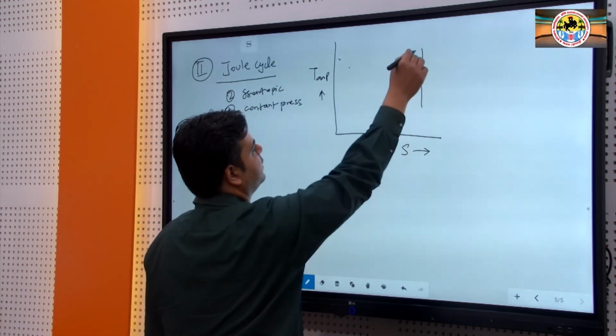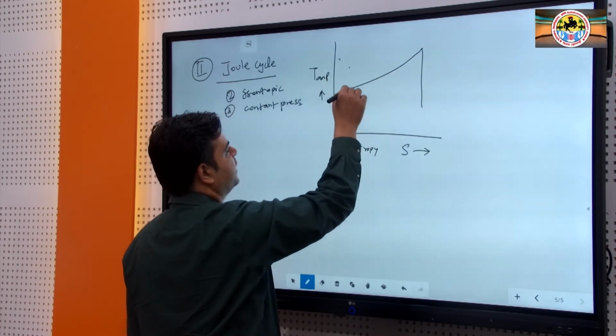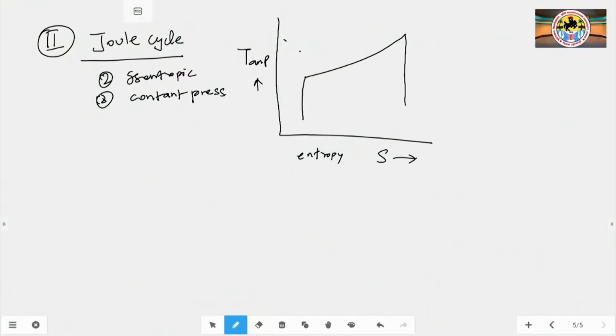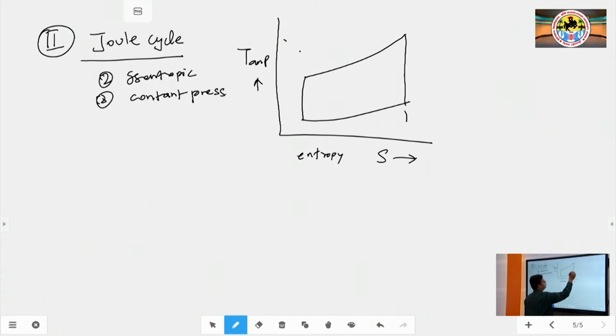The processes are numbered 1, 2, 3, 4. 1 to 2 is the isentropic compression, 2 to 3 is the constant pressure heat rejection, 3 to 4 is the isentropic expansion and 4 to 1 is the constant pressure heat addition.